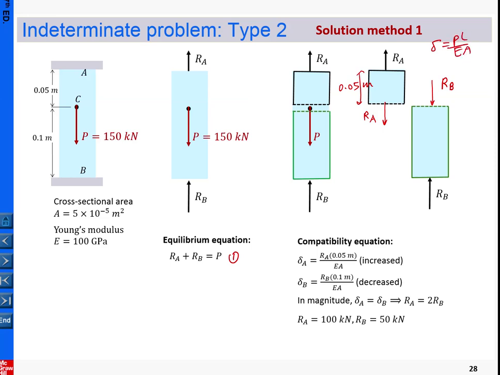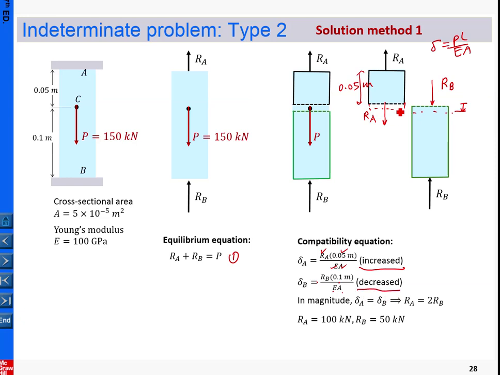Using this template, we have PL over EA, and then here we can determine the deformation, and due to this loading direction, the deformation is increased. On the other side, for this case, again put into this template PL over EA, then this one is decreased. So this is decreased deformation.